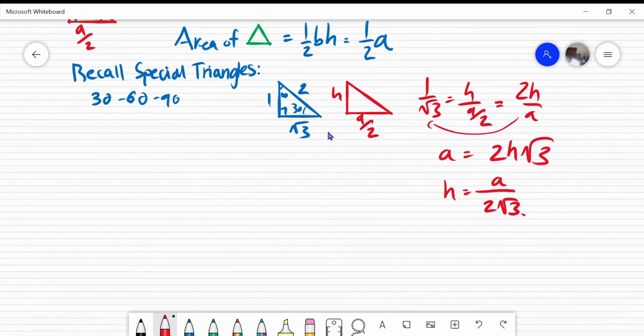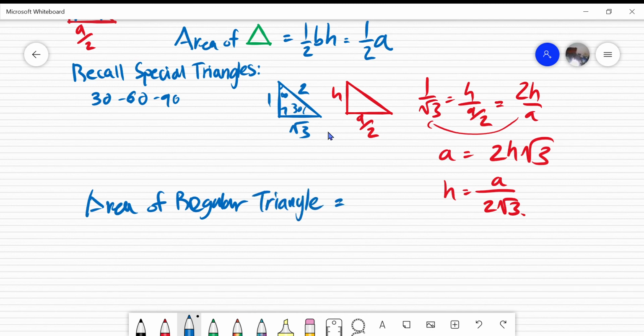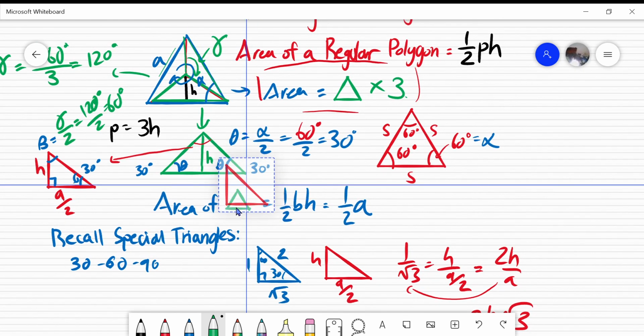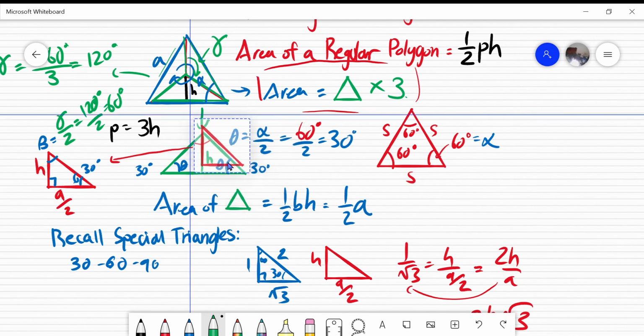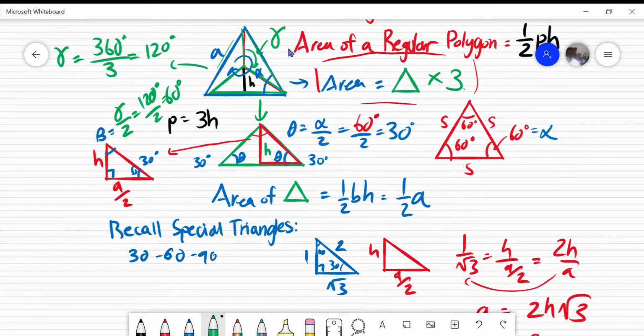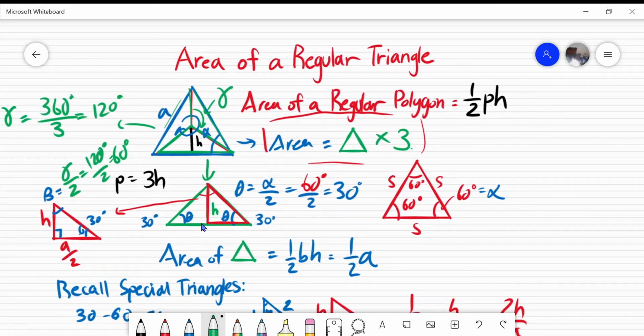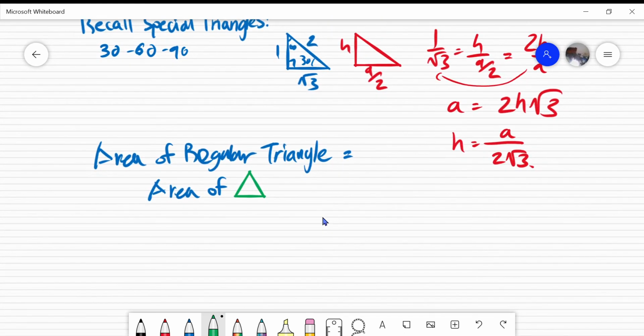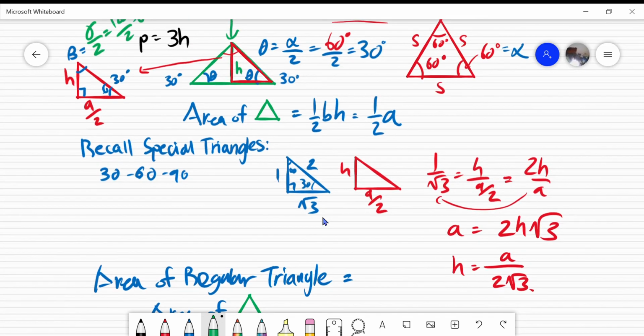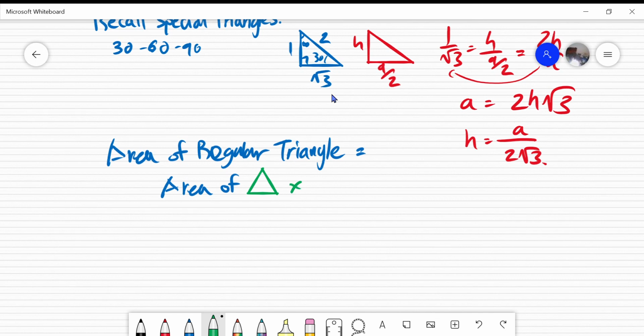Therefore, the area of a regular triangle is equal to the area of the green triangle, which is this triangle, times 3.